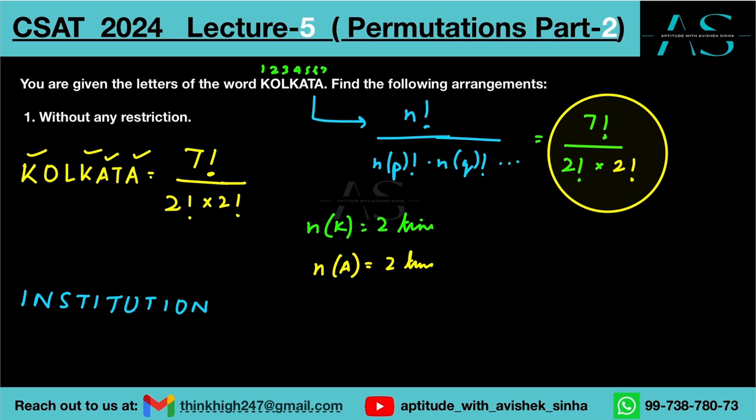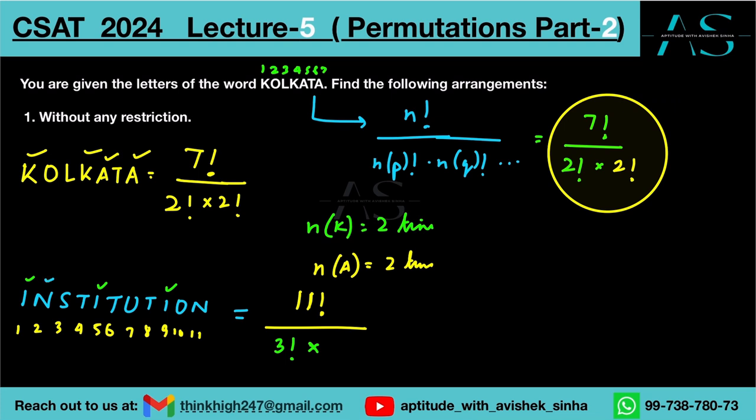Institution. Count the number of elements. 1, 2, 3, 4, 5, 6, 7, 8, 9, 10, 11. So right here 11 factorial simply. Upon what are the values that are repeating? I is repeating 1, 2, 3 times. So 3 factorial into what else is repeating?